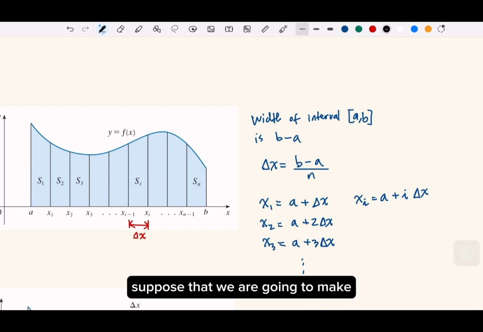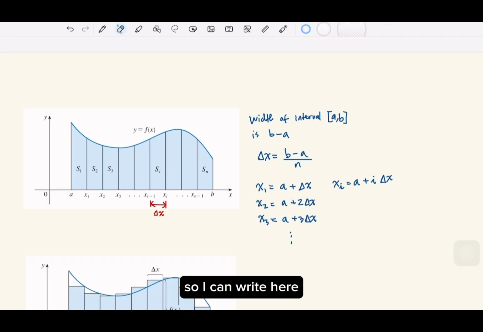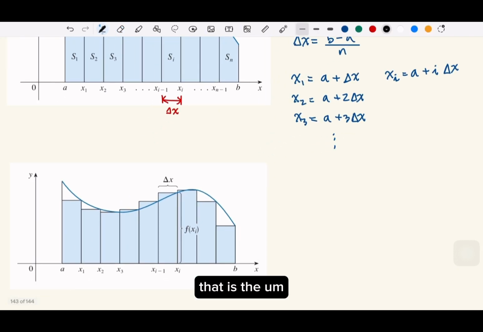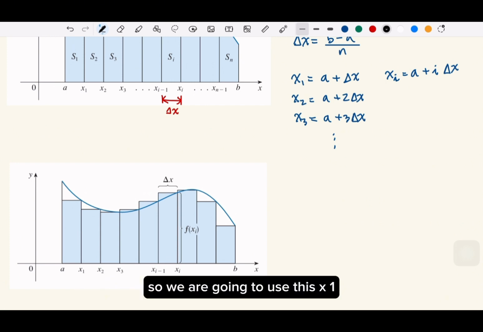Suppose that we are going to make it a right endpoint. So we are going to take this on the right endpoint, so we are going to use this x1. So the height will be f x1. This is f x2, and so on and so forth.